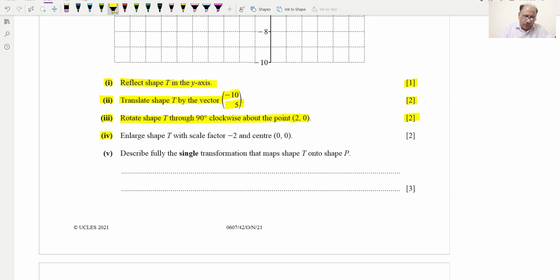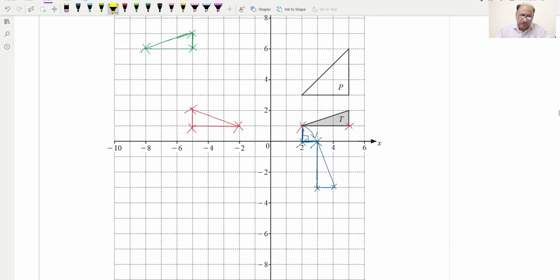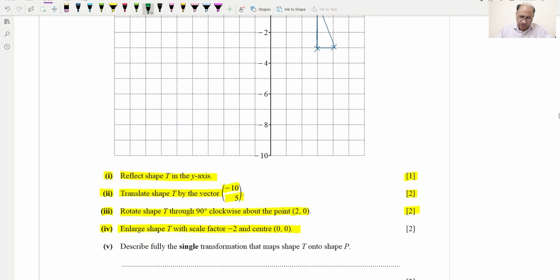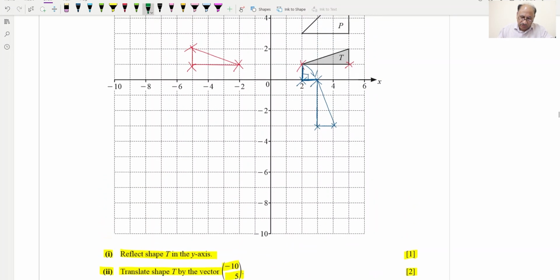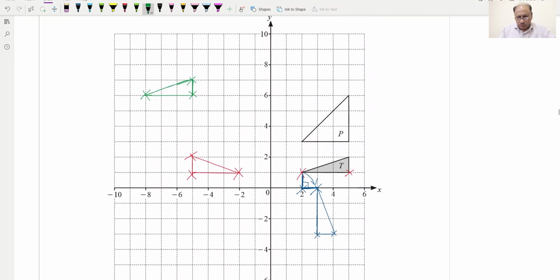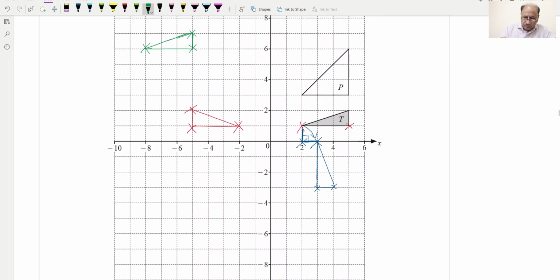Then part 4, enlarge shape T with scale factor -2 and center the origin. So (0, 0) is the center, and we have to enlarge by the scale factor. Scale factor is -2, so it will be on the other side of the center. So to draw this, we will draw through the center. We will be drawing this vertex, and we can draw carefully like this one.